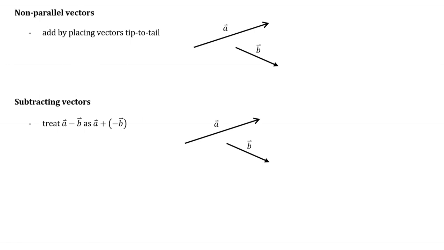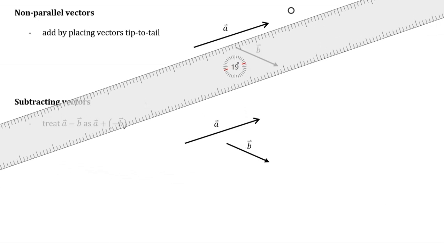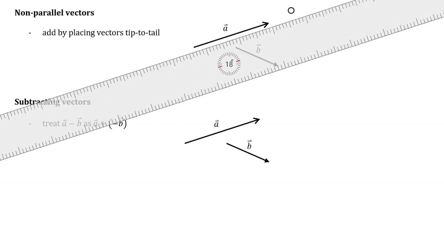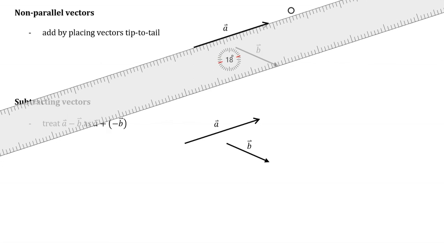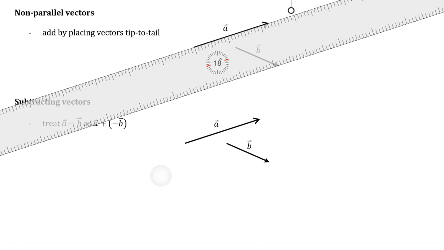What about non-parallel vectors? When I do non-parallel vectors, how do we add them? We call it placing them tip to tail. So I am going to attempt to get my ruler. Let's see, that's 19 degrees. If I make it 18 degrees, is that any better? Oh, it's a bit better. And about how long is that?